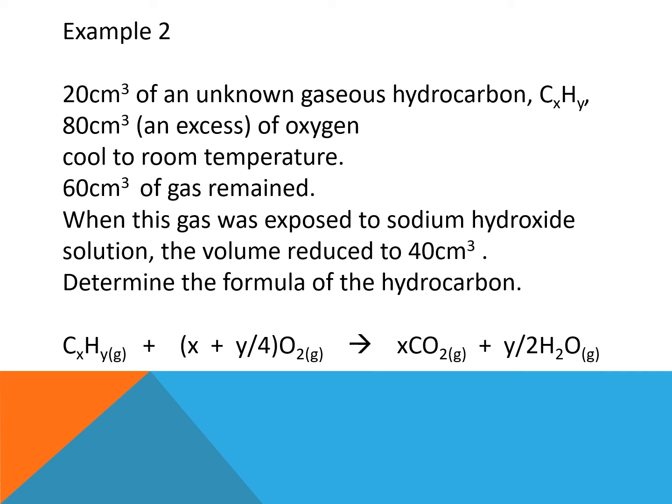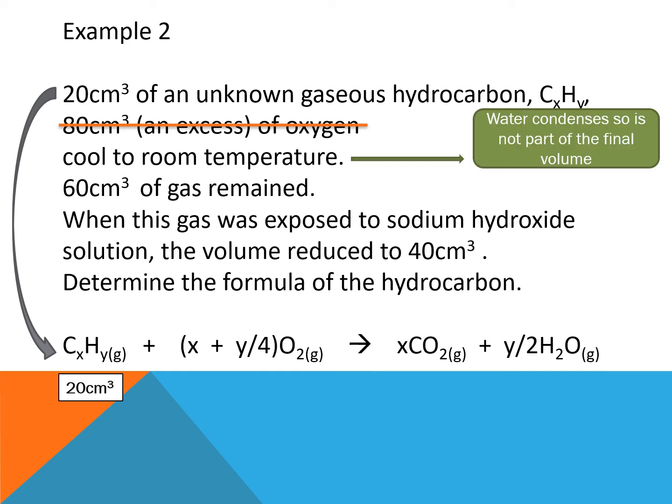So looking at these steps then, 20 centimetres cubed of an unknown gaseous hydrocarbon CxHy. We know we've got 20 centimetres cubed of CxHy. We also know that we've been given 80 centimetres cubed of excess oxygen.